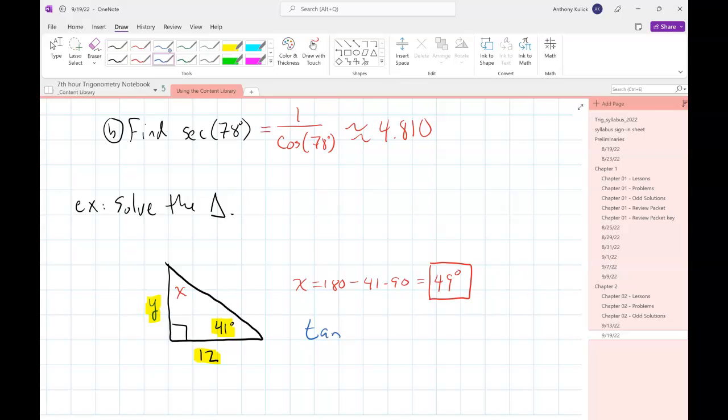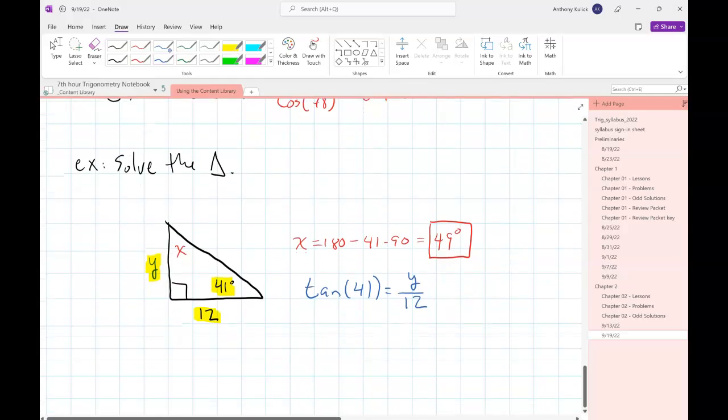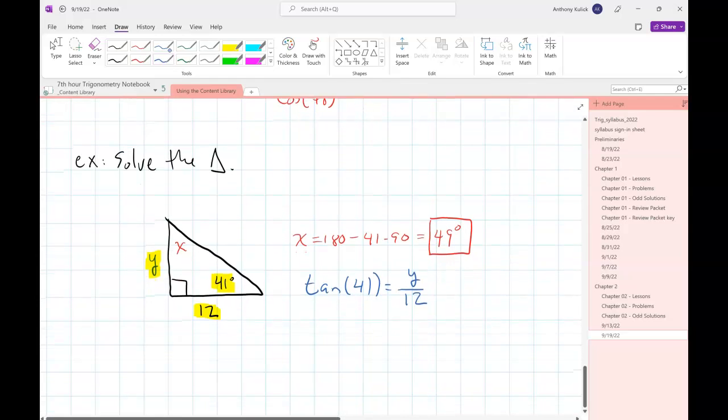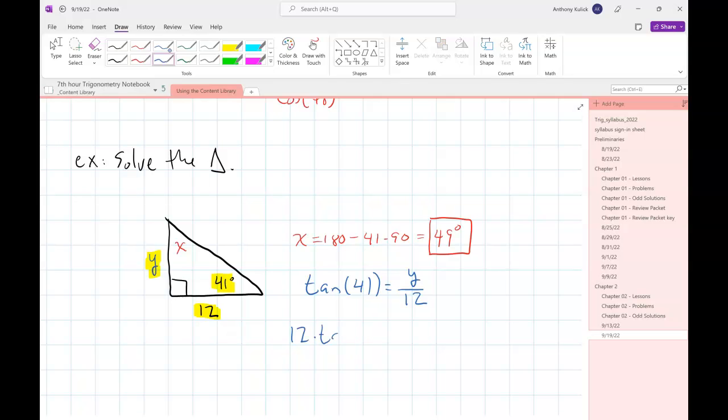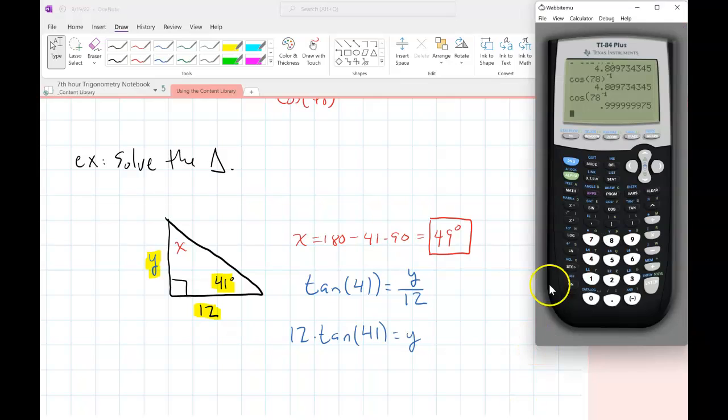So we'll write tan of 41 equals opposite over adjacent. All I need to do is solve for y. To solve for y, I'm going to multiply both sides by 12 to get the y by itself. So I have 12 times tan 41.